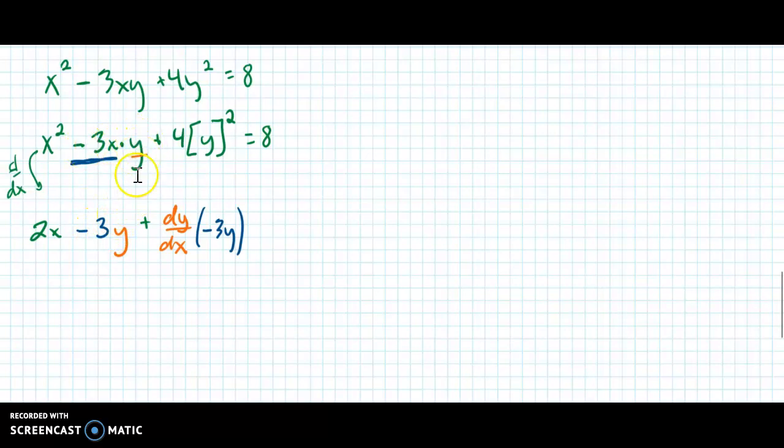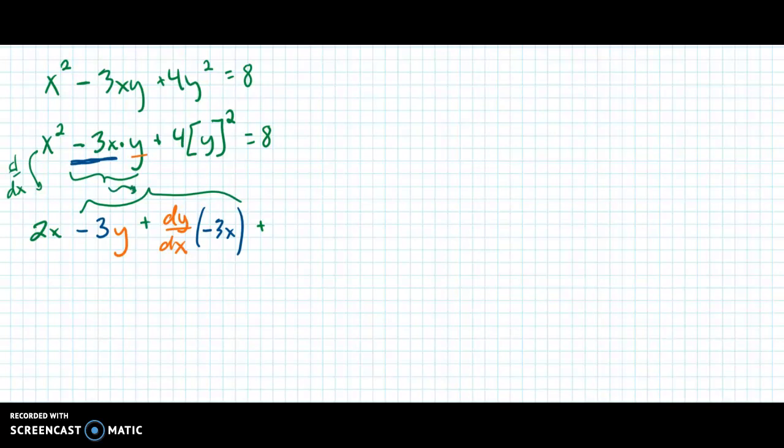And then they say, all right, y prime, dy/dx, times, and we forget this piece right here, and they just write 3x. Oh, I wrote y. Hopefully you caught that. Now, plus, so this term here derives to this whole term there.